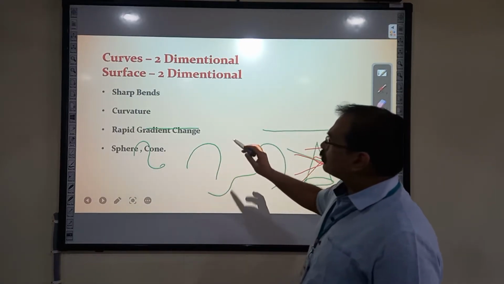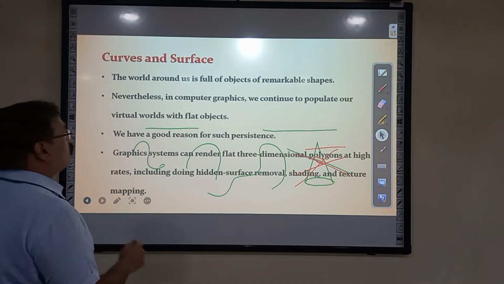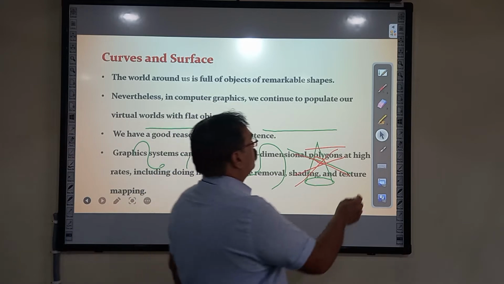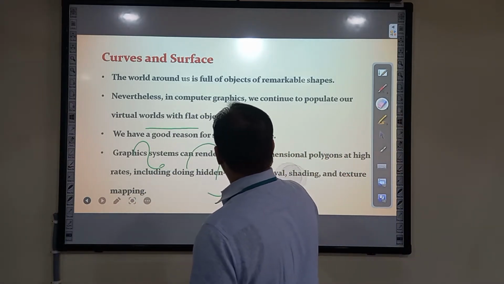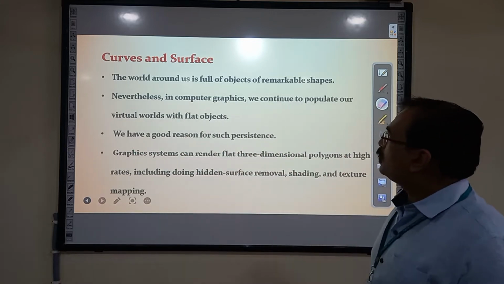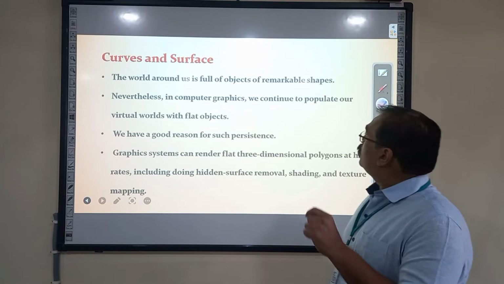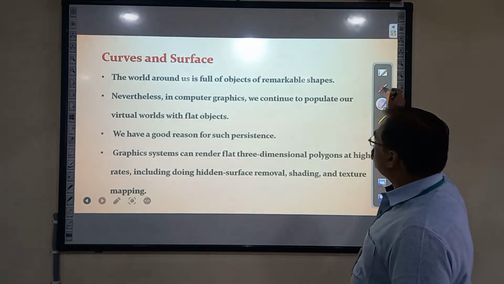So there are two things which we are going to see: curves and surfaces. The small theory behind that is the world around us is full of objects of remarkable shapes. Different shapes are available, and we need to deal with that.